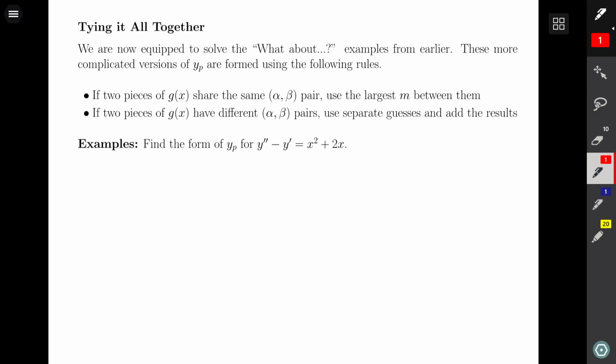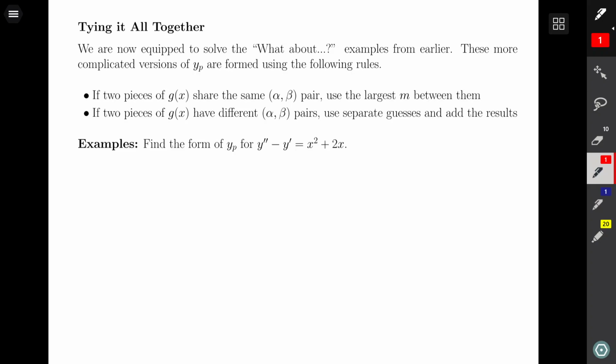Because if you don't do that, it's fine. It's just that you're going to end up with more equations and things are going to combine together anyway. So it's just saving some time. The other thing is that if two pieces of g of x have different alpha beta pairs, then you need to use a separate guess for each of them and add the results.